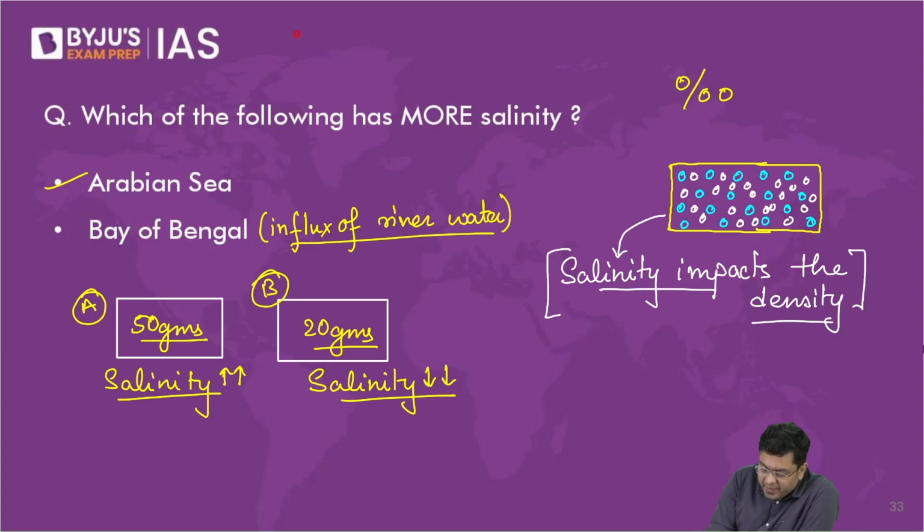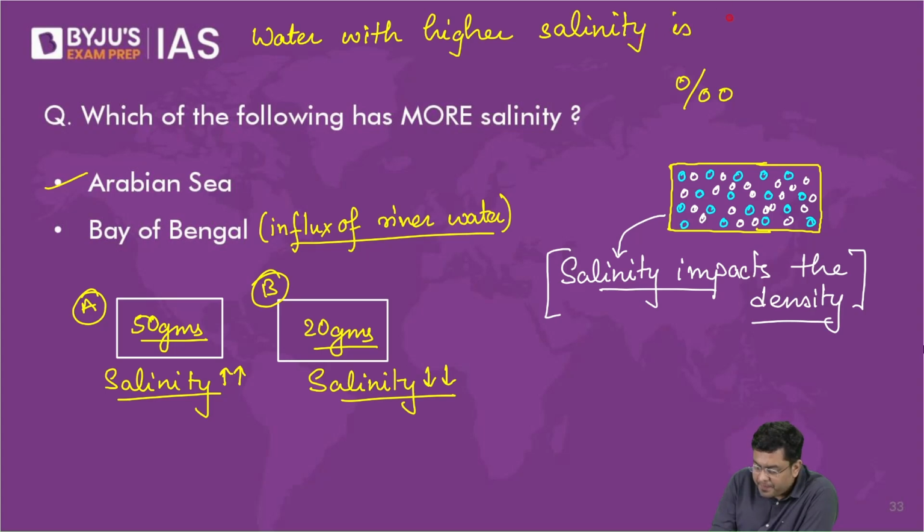So, we can say saline water, or water with higher salinity, is heavier than water with lower salinity.